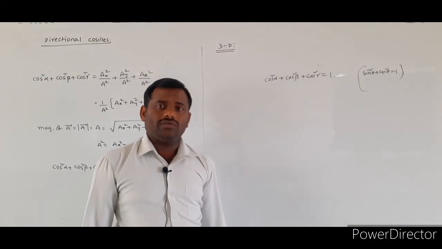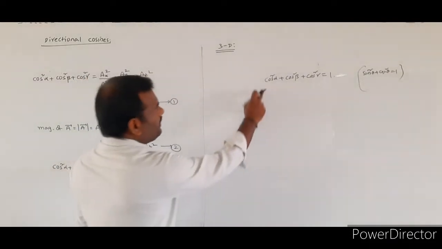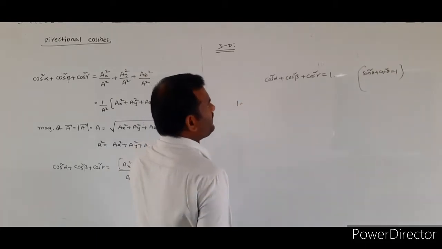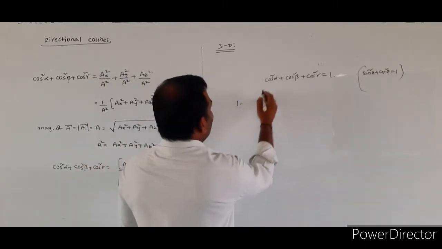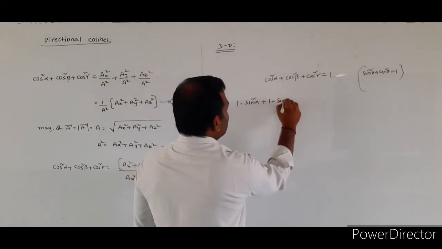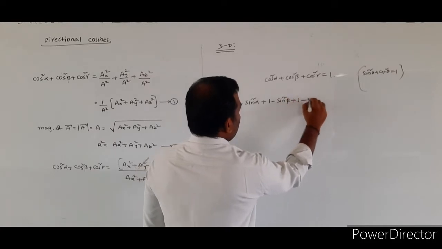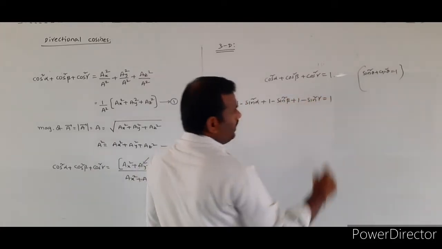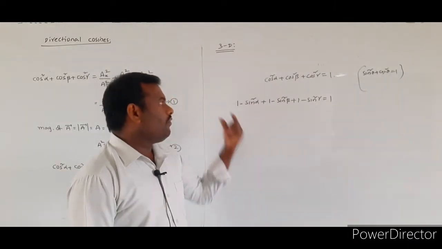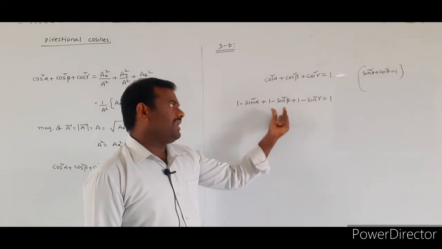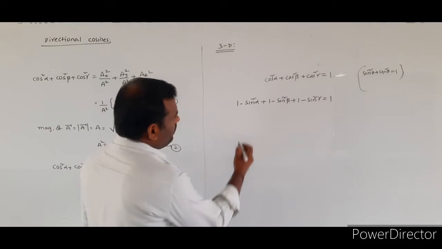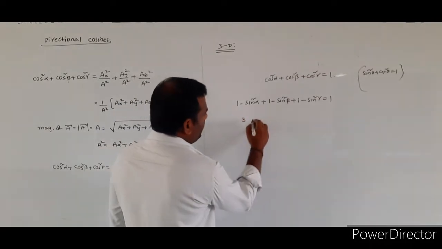So in the place of cos square alpha, we write 1 minus sine square alpha, plus 1 minus sine square beta, plus 1 minus sine square gamma, which is equal to 1. Therefore, this value is equal to 3.